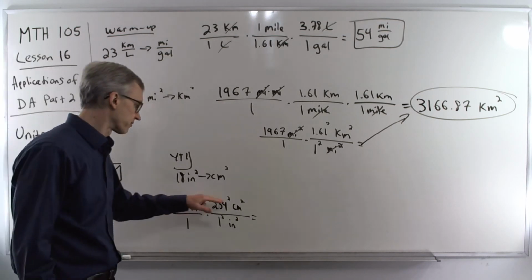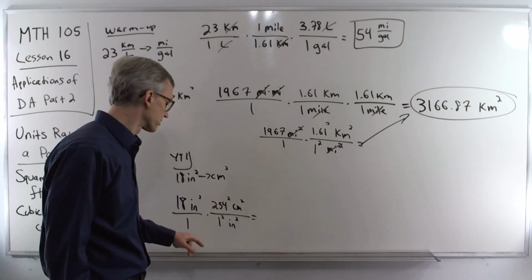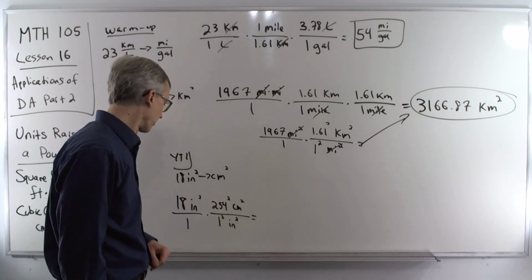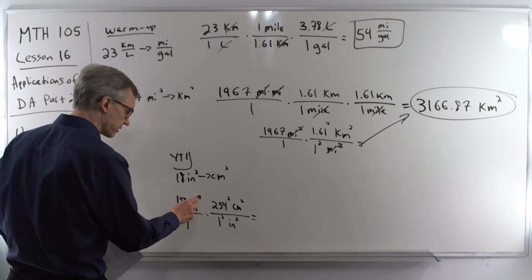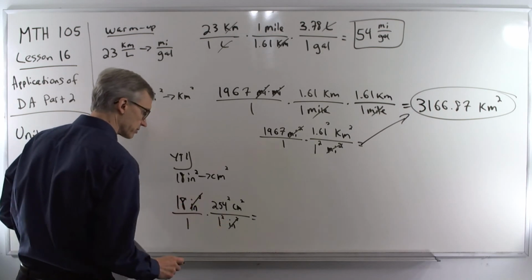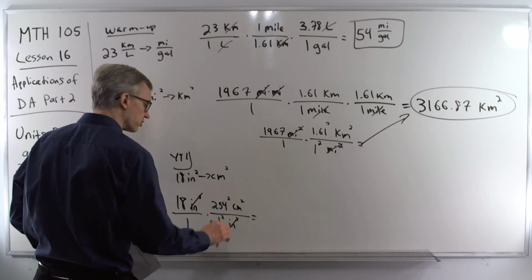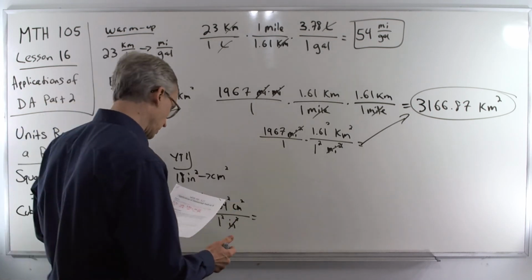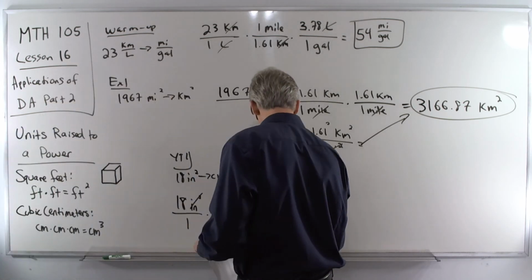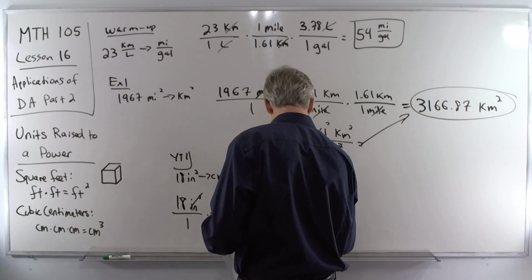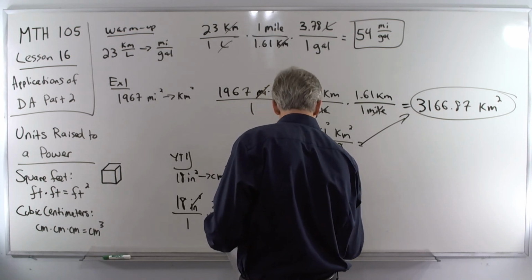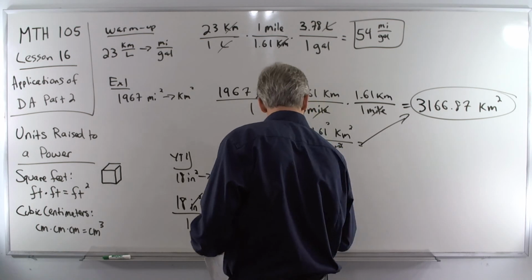So I got 2.54 centimeters on top, square both of those, 1 inch on the bottom, square both of those. Now I've got square inches on top, square inches on bottom, those cancel. We're going to take 18 and multiply by 2.54 squared. And that gives us 116.13 square centimeters.